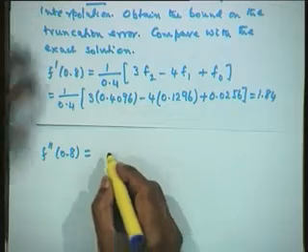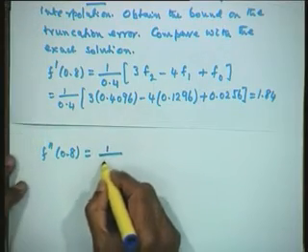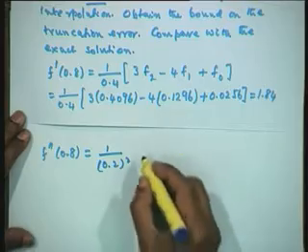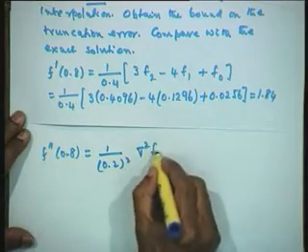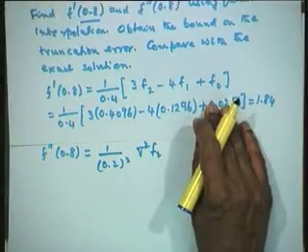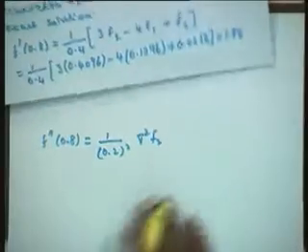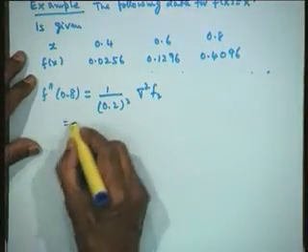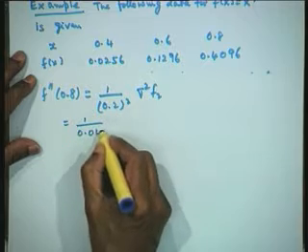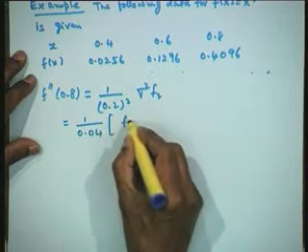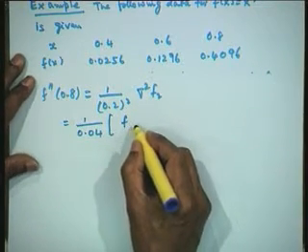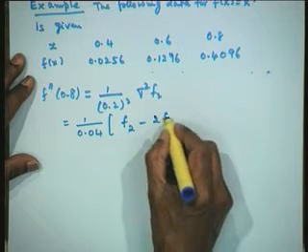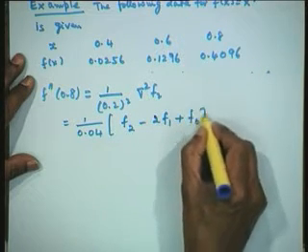Therefore, what I have here is 1 upon h square, our step length is 0.2, and this is delta squared of f 2. Therefore, I can write this as 1 upon 0.04 delta squared f 2, that is equal to f 2 minus 2 f 1 plus f 0.